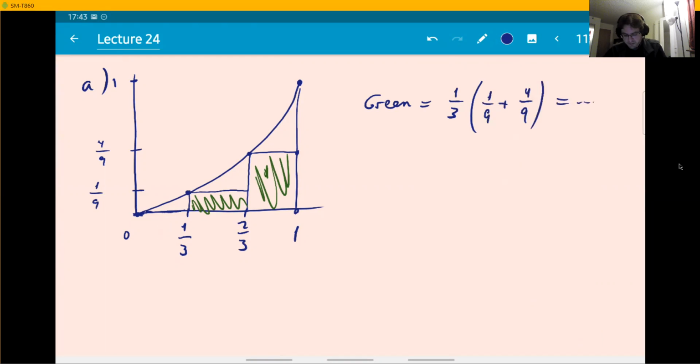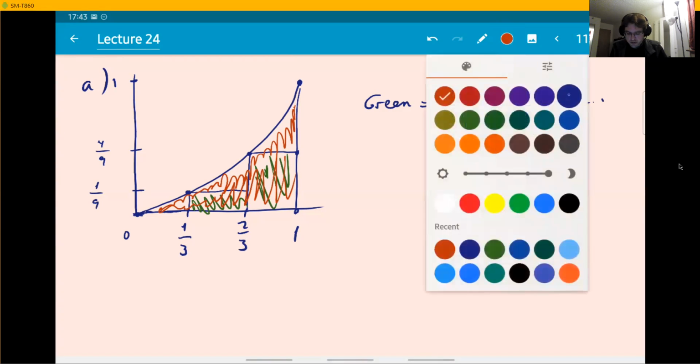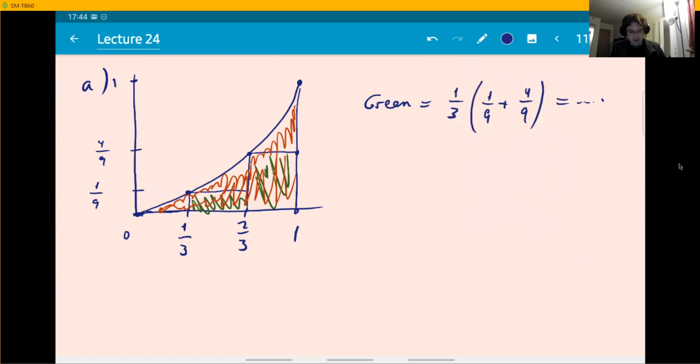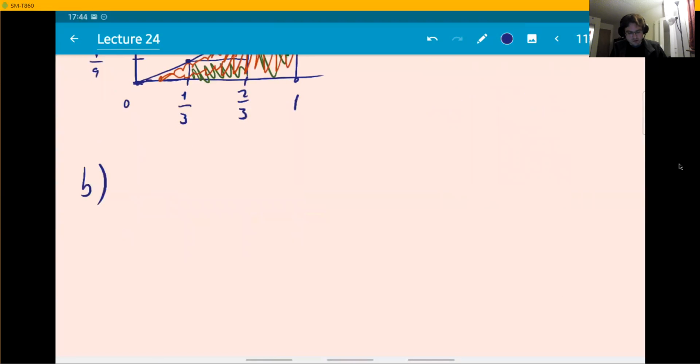Whatever this number is. Do you think this area is larger or smaller than the integral? This time it's smaller. The integral is the entire red area here. We're missing some pieces, right, if we're just considering the green ones. This is a very crude one because we only used 3 pieces. Item B is all about using 6 pieces.